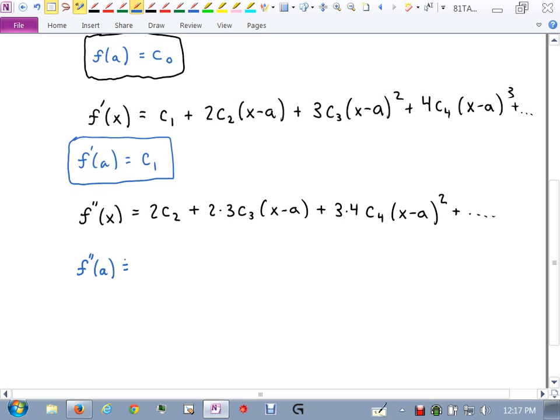What do you get? 2c2, right? Which means that 1/2 f double prime of a is c2. We're starting to create a pattern, and this pattern is going to give us a formula. Let's do one more derivative, and maybe you'll see the pattern.